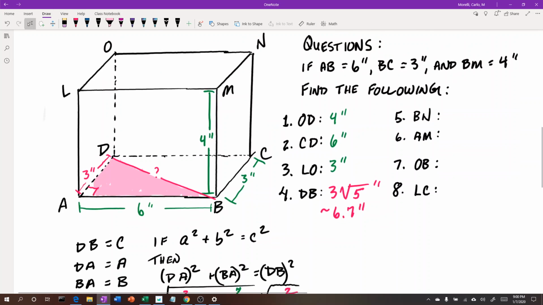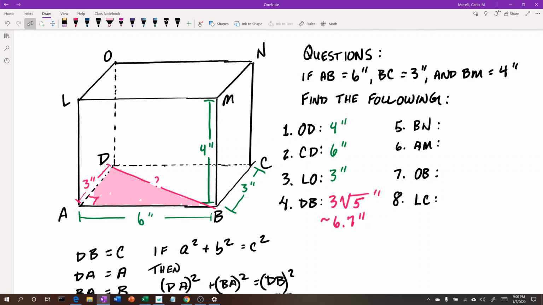Now BN is interesting. Let me find a different color to use. How about blue? BN is interesting. Okay, do we know enough information to solve for BN? Absolutely we do.